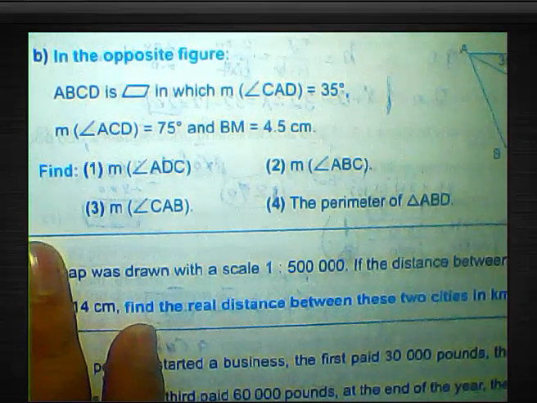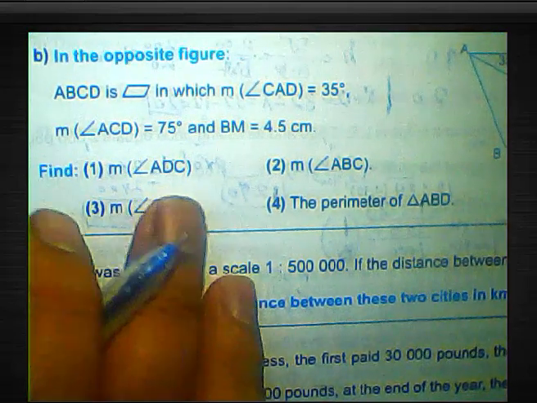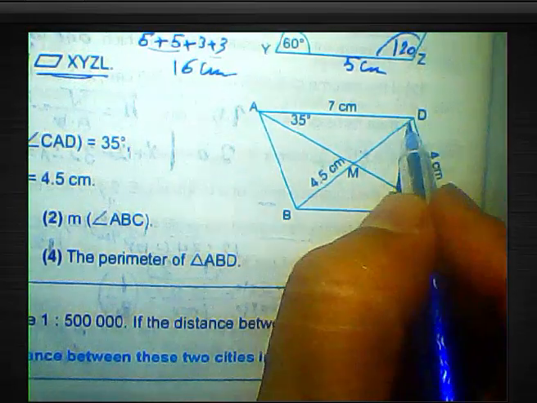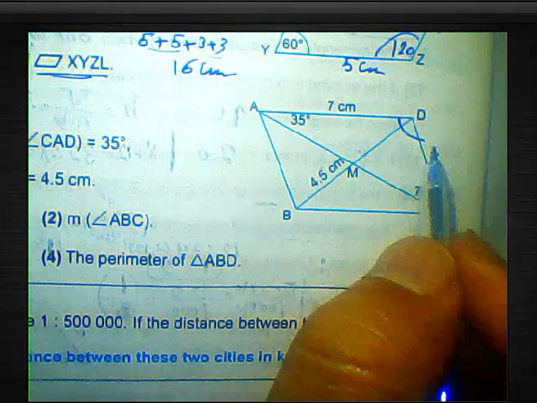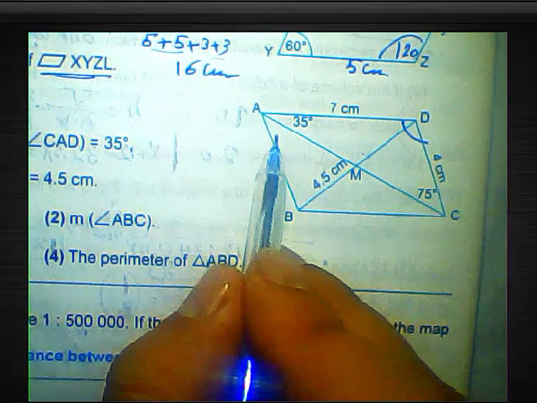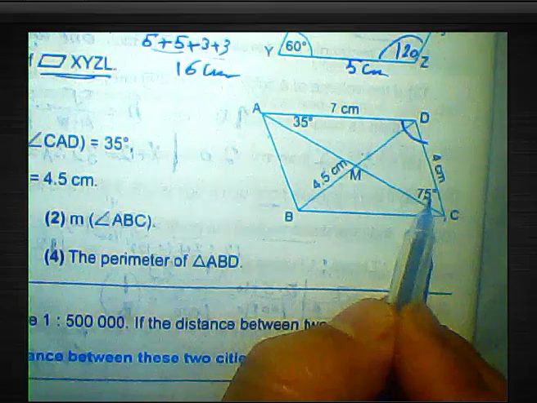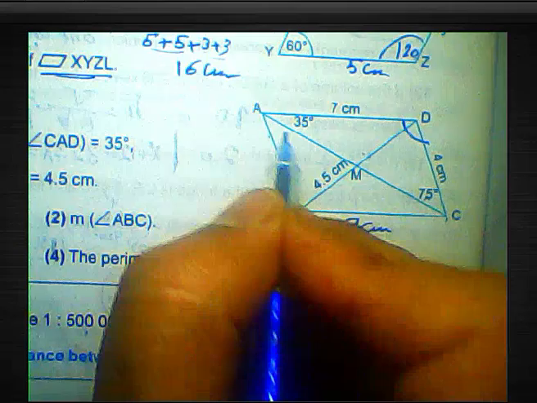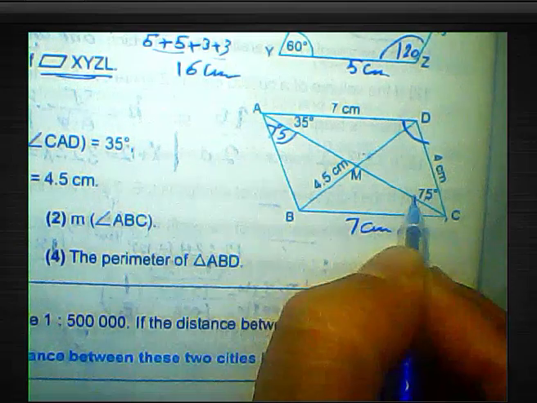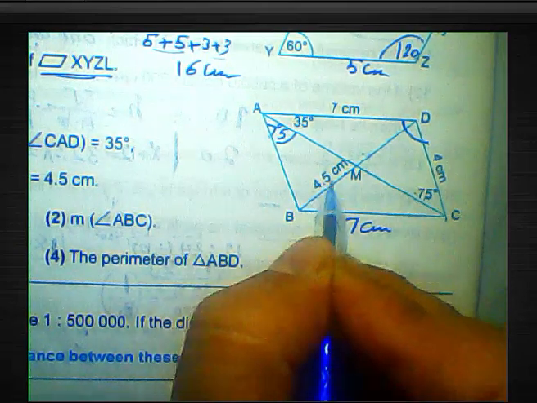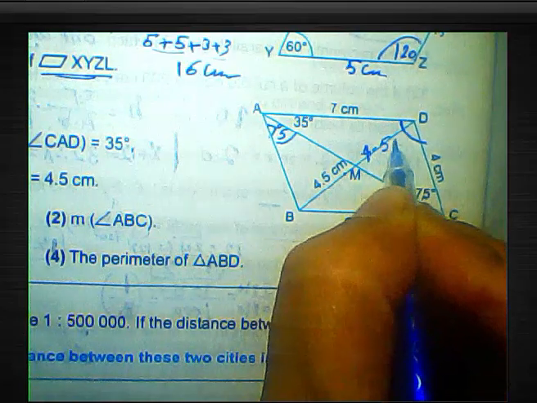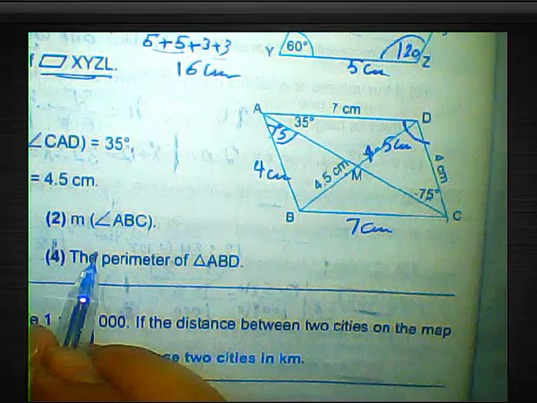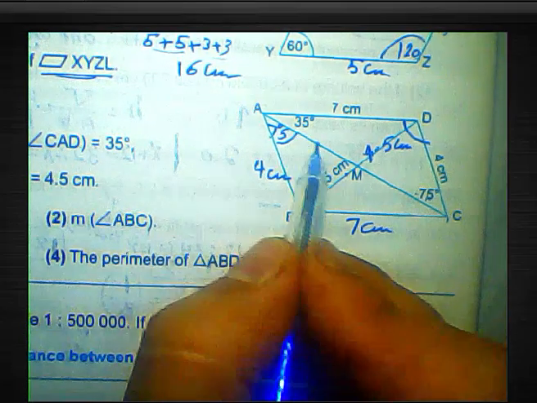Next question here. In the opposite figure, we want to find the measure of angle ADC. Look at here, ADC. He gives us the measure of angle ACD, 75. This side will be 7 centimeter, opposite here, and it will be 75 degrees, alternate angle. This side was 4.5 centimeter, and this side will be 4.5 centimeter. This side 4 centimeter, and this side 4 centimeter here. And this angle was 35.